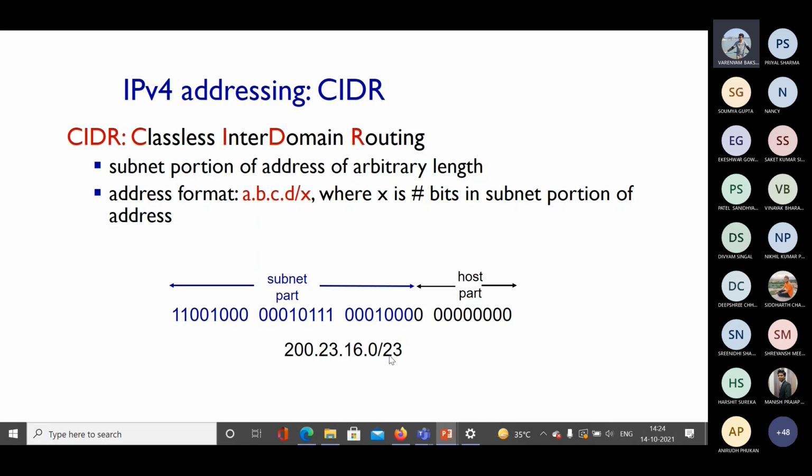Because if you do 32 minus x, where x is 23 here, and set that many bits to 0, that becomes the first address of this entire chunk of addresses. So 200.23.16.0 is acting as the first address.